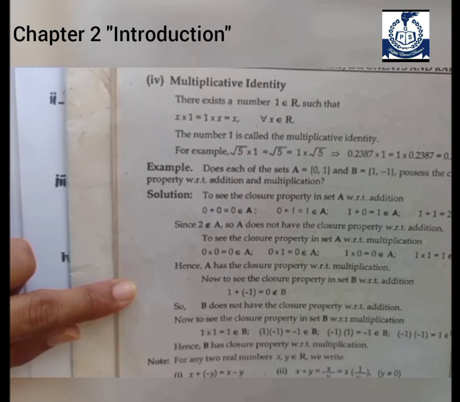Example: root 5 multiplied by 1 is equal to root 5, and 1 multiplied by root 5 is also root 5. So multiplicative identity is x multiplied by 1, which is equal to x.